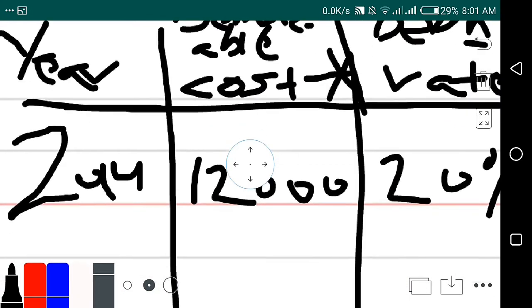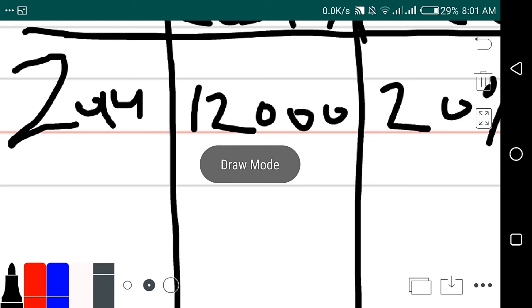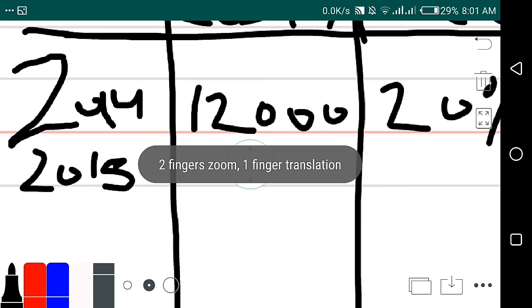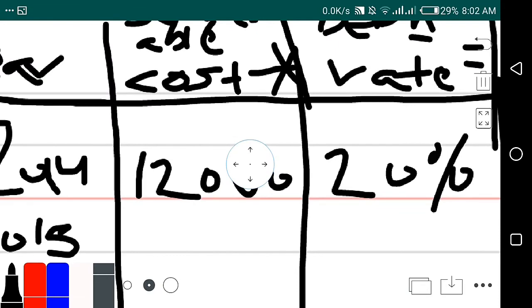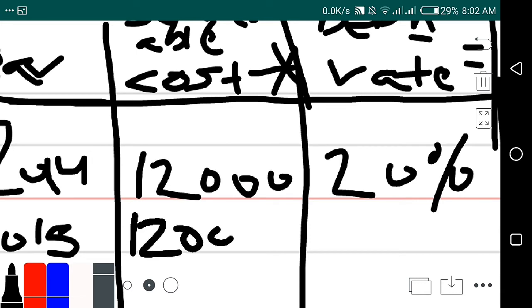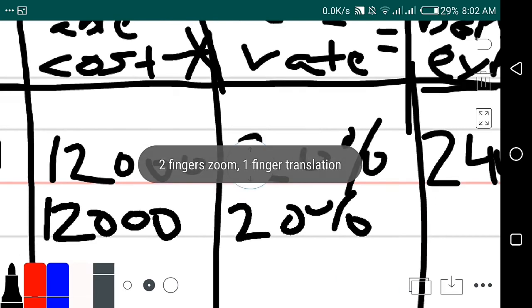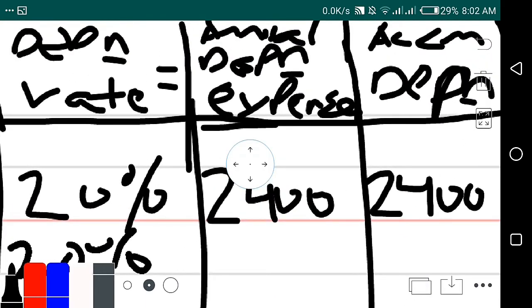Now let's look for 2050. When we look at 2050, the depreciable cost is the same, it is 12,000 multiplied by the depreciation rate, that is 20%, and therefore we will get the annual depreciation expense.